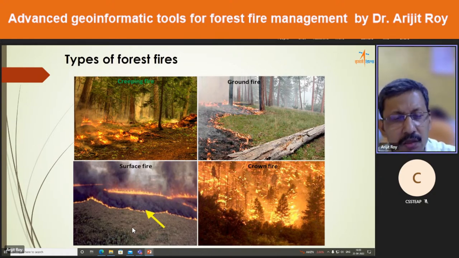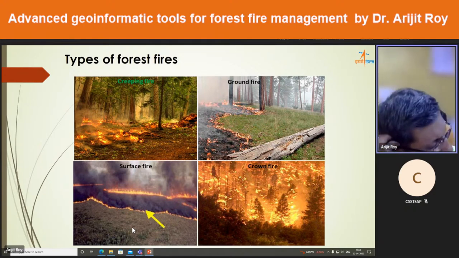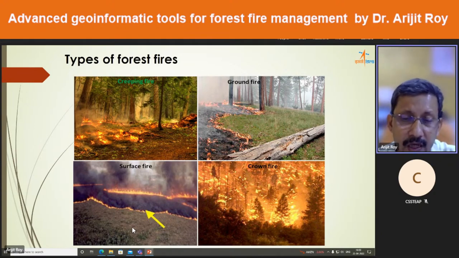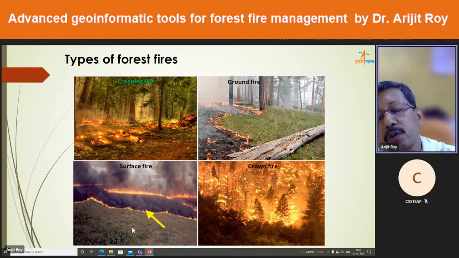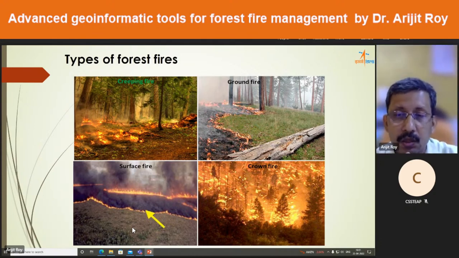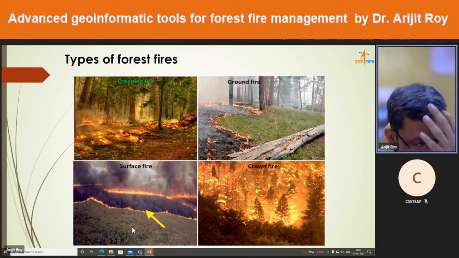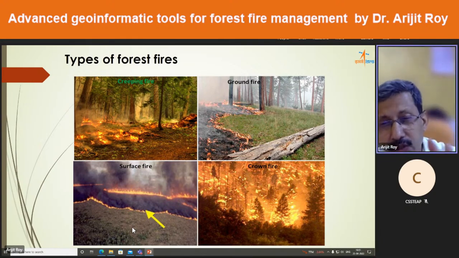So the entire savanna basically burns out, and this is very, very detrimental for the wildlife. And the most devastating type of forest fire is the crown fire, where the entire forest, especially the crowns, start burning. This is mostly prevalent in coniferous forests, which have a high resin content. So you have this type of forest fire in the California region.